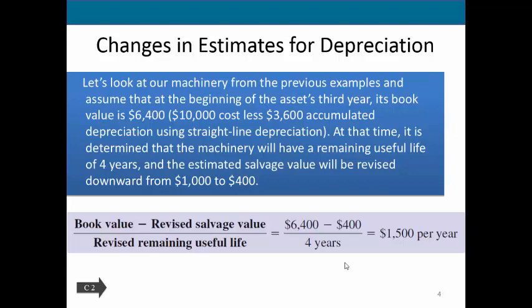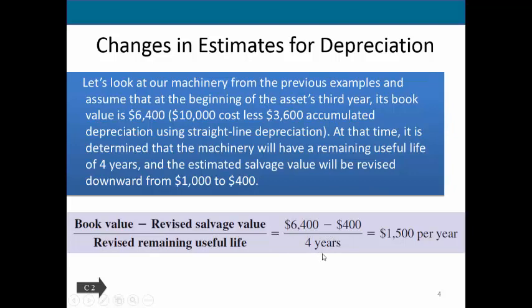What we'll do is we'll create a new depreciation calculation based on the information that we have. So now, rather than using our original cost, we'll replace that with the current book value of $6,400. We'll put in here our revised salvage value, and now we put in the remaining useful life.